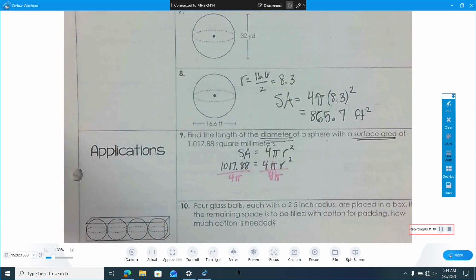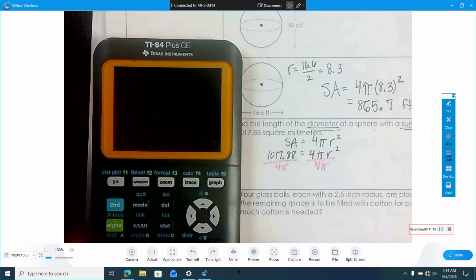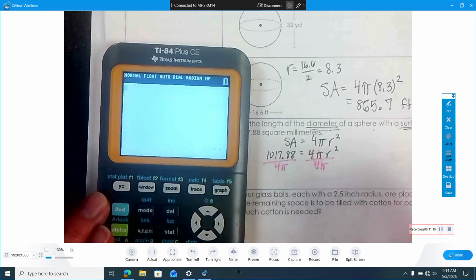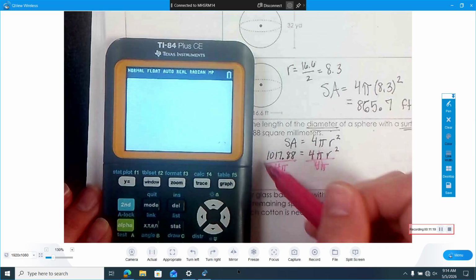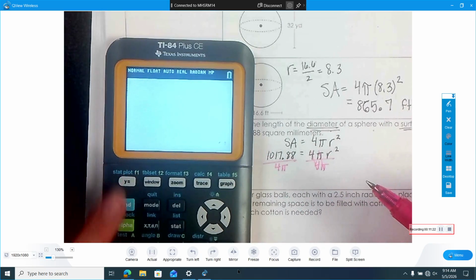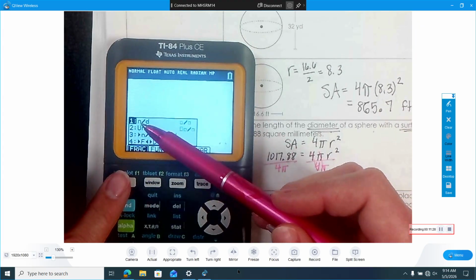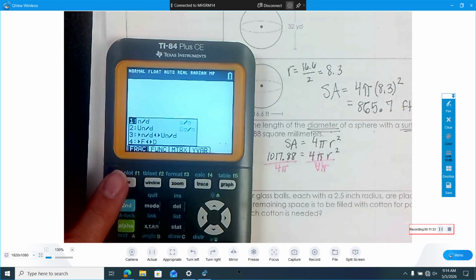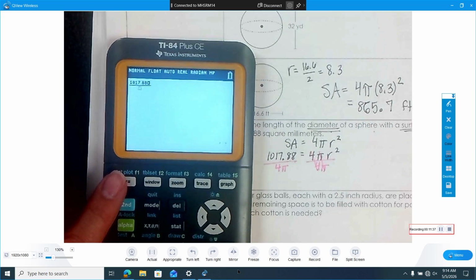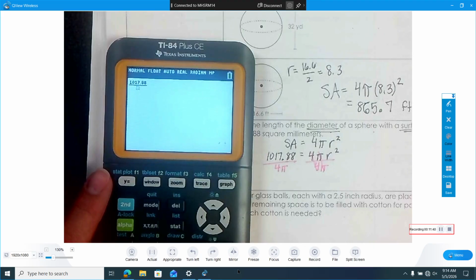We're going to divide by 4 pi, and in your calculator, there's one way that always works. So this is a nice little fraction setup right here. So let's also do a fraction setup. That's alpha F1, and this is numerator denominator setup. Have you seen that before? Okay, alpha F1, and we're going to do 1017.88 on top, and what's on bottom? 4 pi.